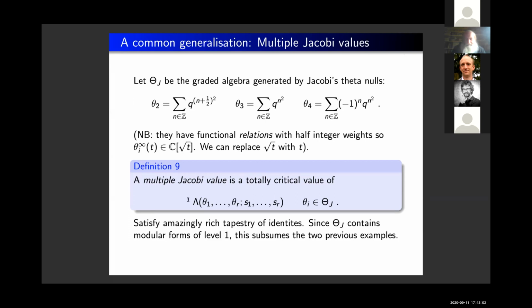And we can look at the algebra they generate, and we can define a multiple Jacobi value to be any totally critical value of the multiple L function of a sequence of r such theta functions. Now, these numbers are going to satisfy an incredible set of identities. First of all, the theta functions alone satisfy extraordinary identities that have been explored throughout the ages.